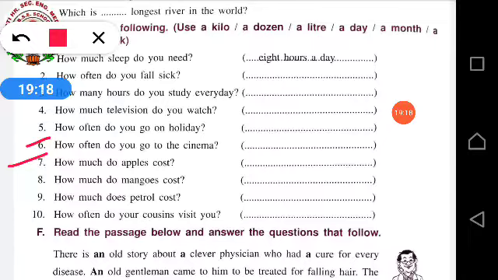You have to ask your parents how much apples cost these days. Eighth, how much do mangoes cost? Ninth, how much does petrol cost? Tenth, how often do your cousins visit you? I hope you all understood.